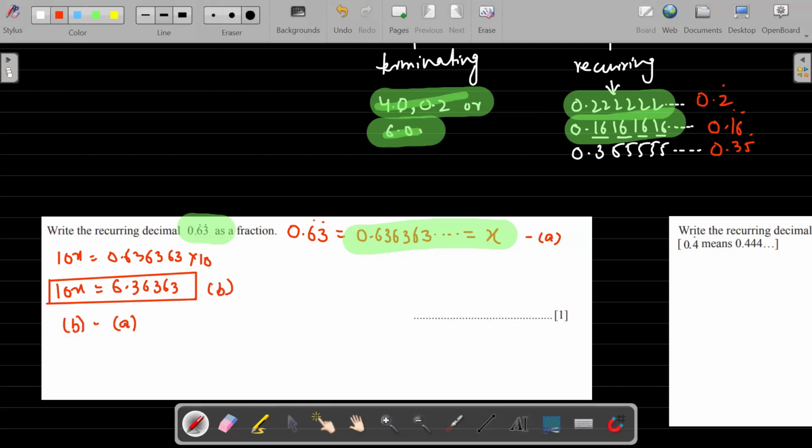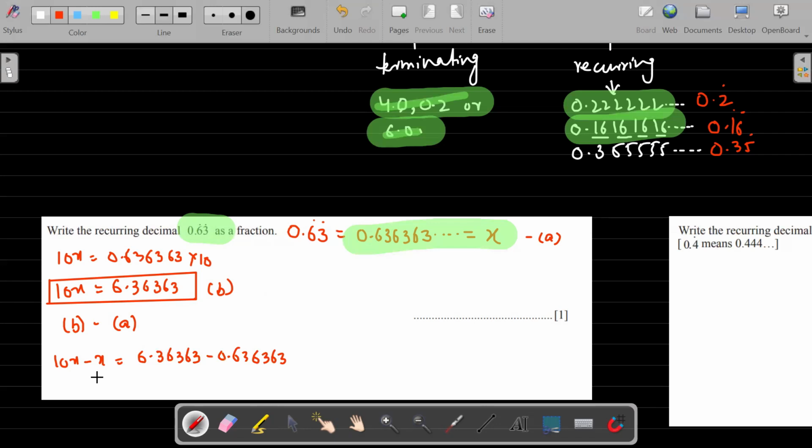It will be 10x minus x equals 6.36363 minus 0.636363. So I will get 6.36363 minus 0.636363.